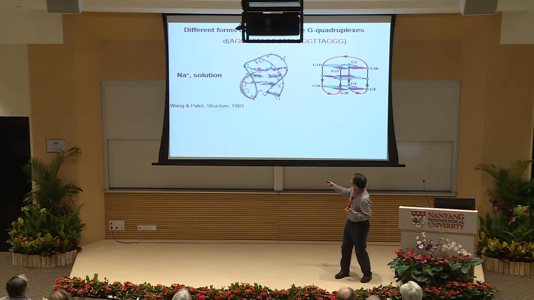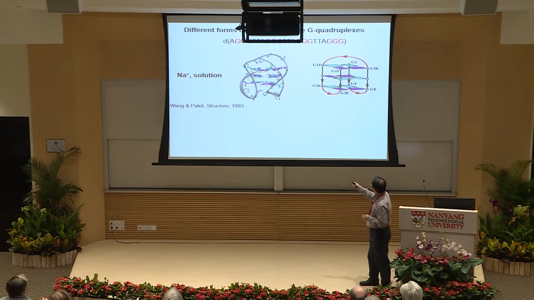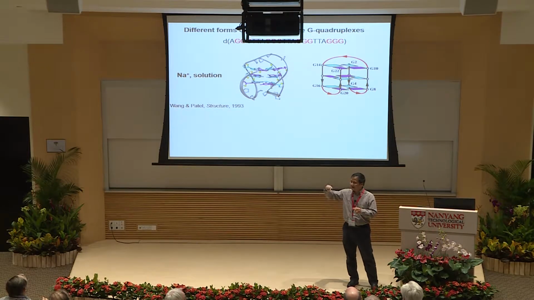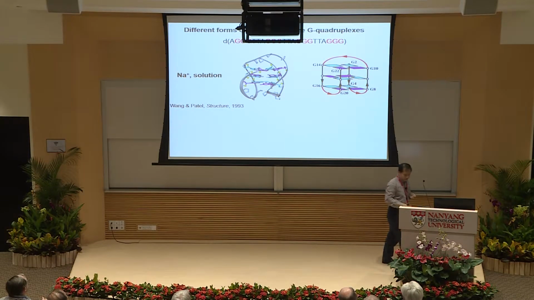A model of the quadruplex structure at that time is 4 repeats, which is the minimal repeat to fold back and forth into a structure. And this 25-year-old NMR structure in sodium solution showed that a piece of human telomere can fold back and forth into this fold.